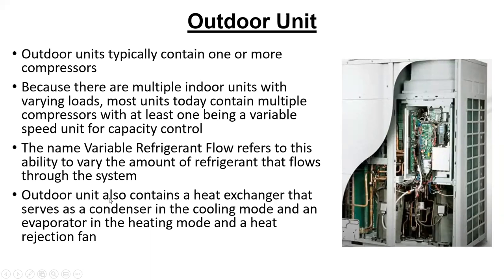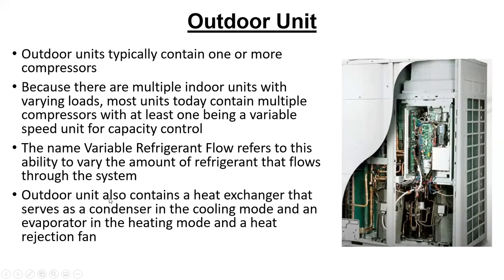So if you just need 1, you would run the VFD. If you need 2 compressors, you would run 1 constant speed and the VFD. If you need 3 compressors, you would run 2 constant speed and the VFD, where the VFD is the one that's always adjusting its capacity to just balance out the amount of heating or cooling that the system needs.